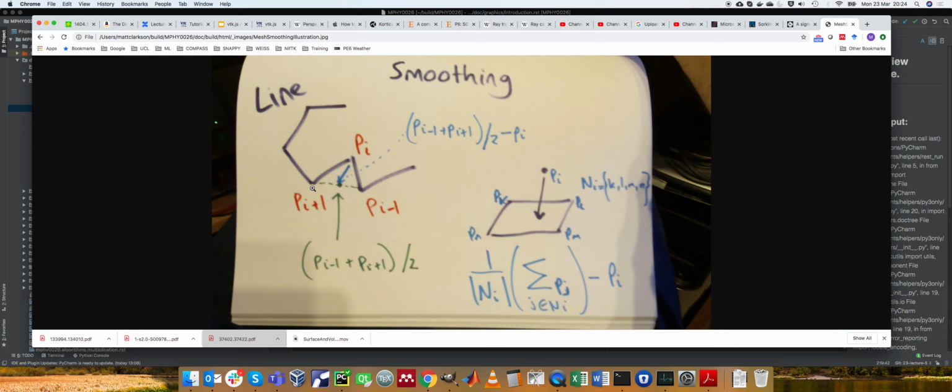So just like in this 2D case where I'm simply taking the average of these 2 points here, this is a summation and dividing by the number of points. So this is the equivalent of this. So this is find the average point. So the average point minus this point of interest pi here gives you this vector in black.